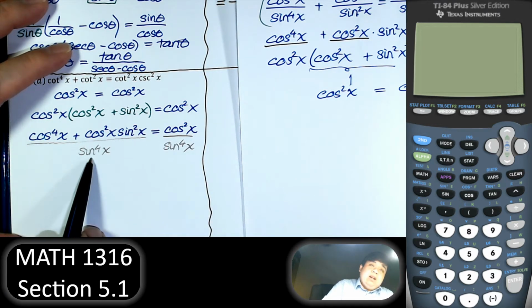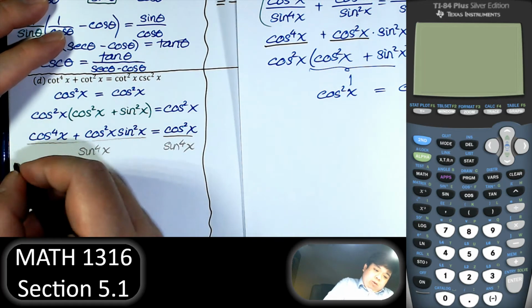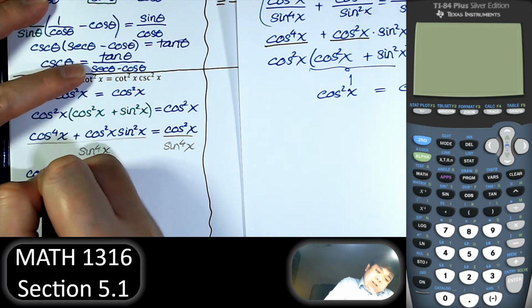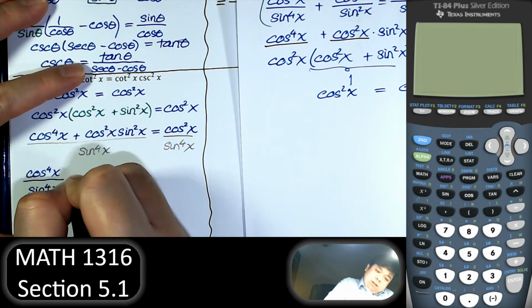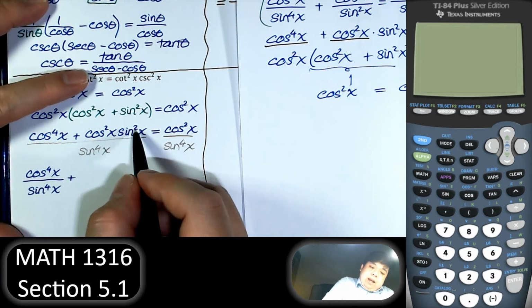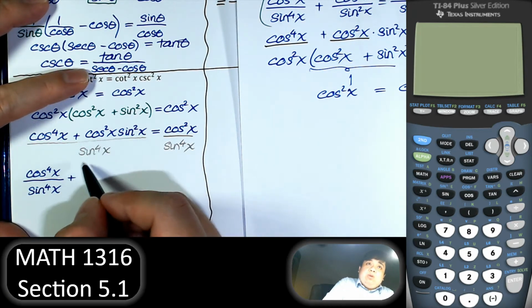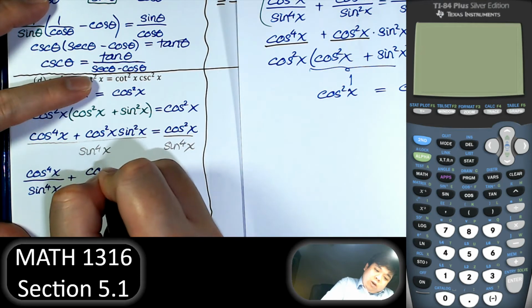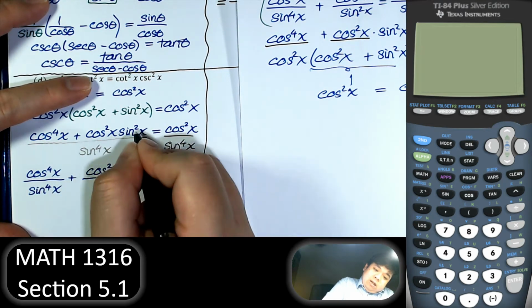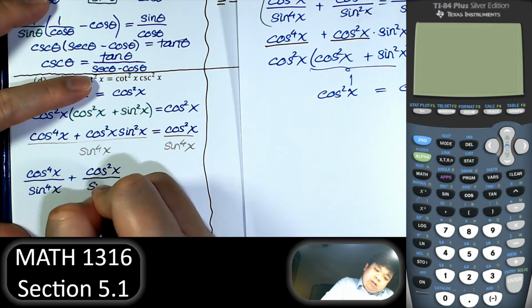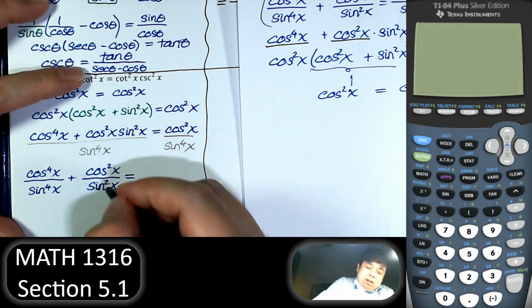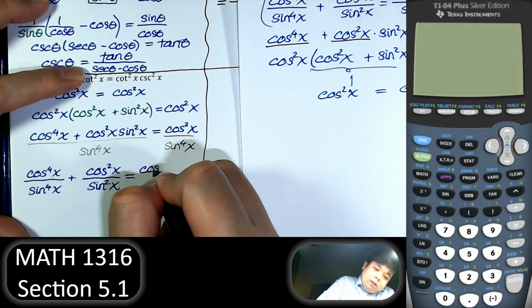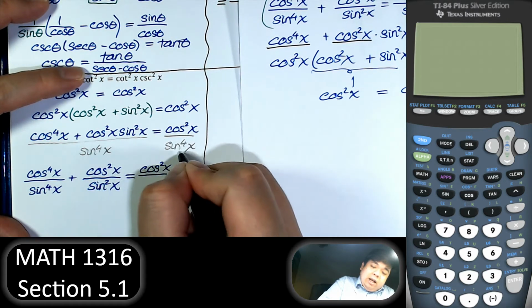Now cosine to the 4th over sine to the 4th, I will group those together. And then the sine square and sine to the 4th cancel out. We just have cosine square over sine to the 4th. And then we have cosine square over sine to the 4th.